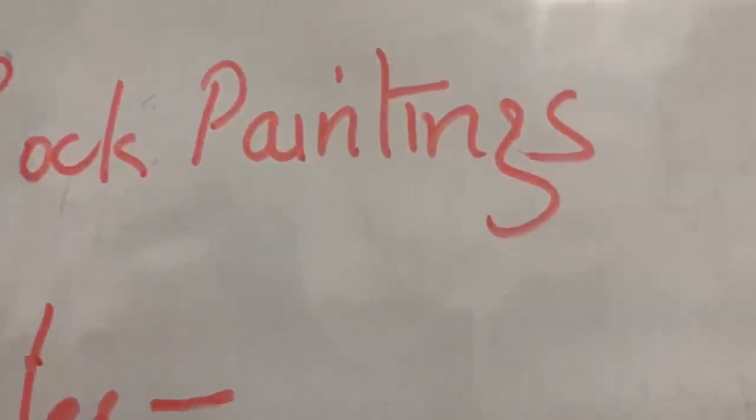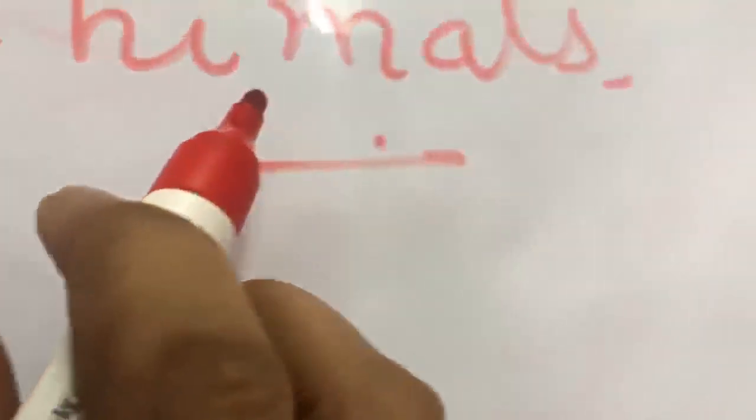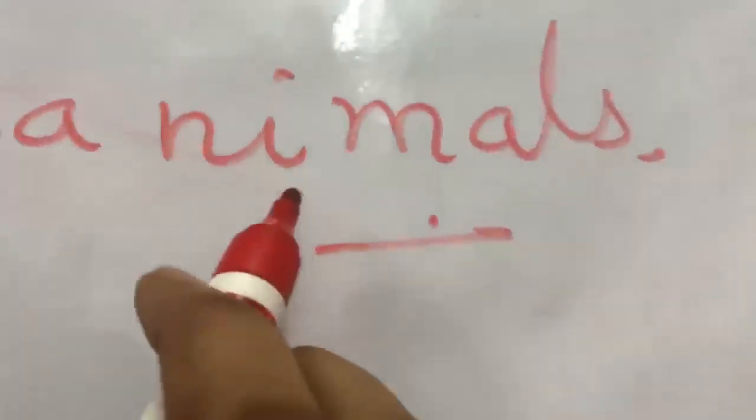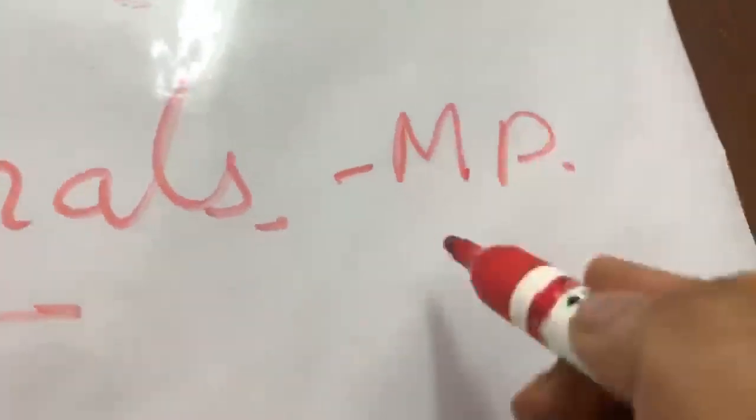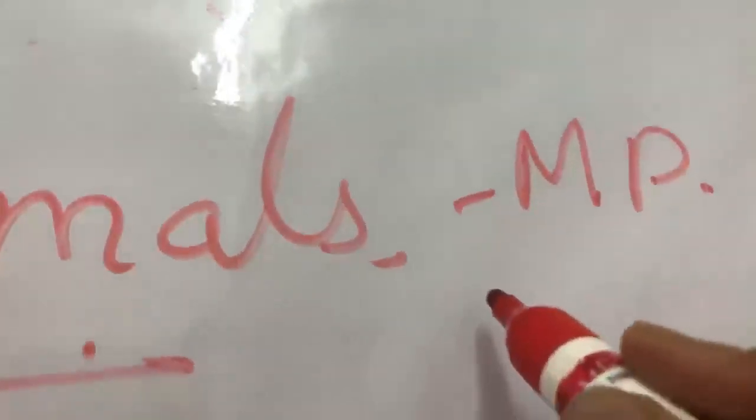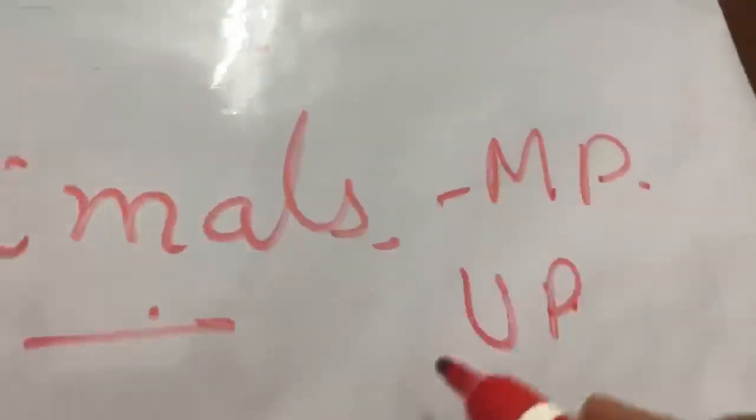If we talk about the rock paintings, many of the caves in which these earlier people used to live had beautiful paintings of different animals which were found at that time. These kinds of rock paintings are found in Madhya Pradesh and in southern Uttar Pradesh.